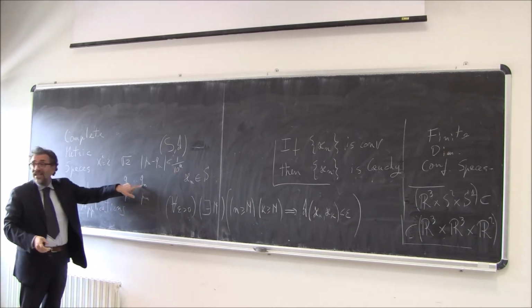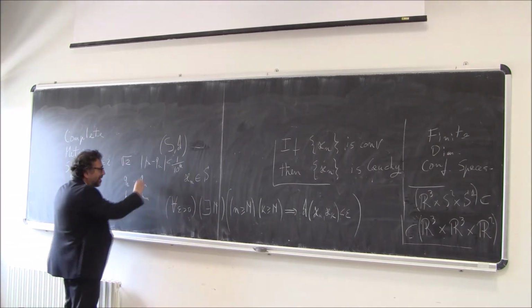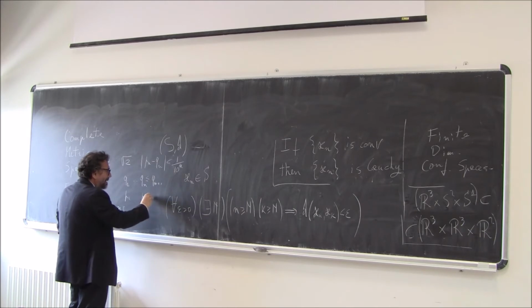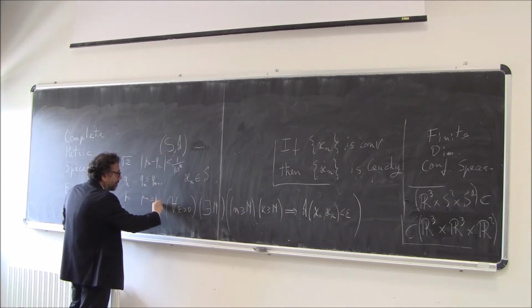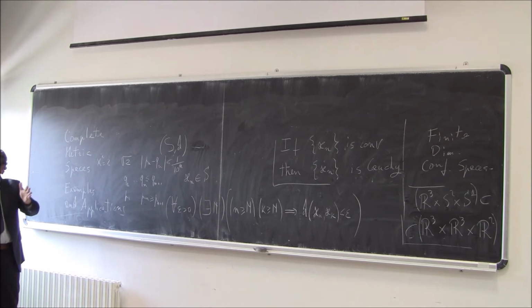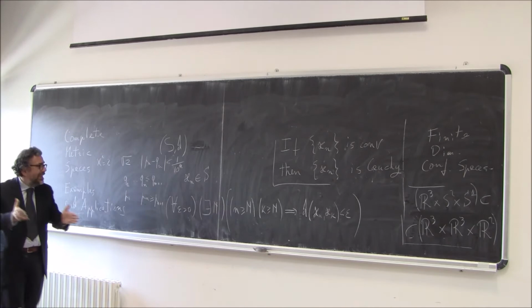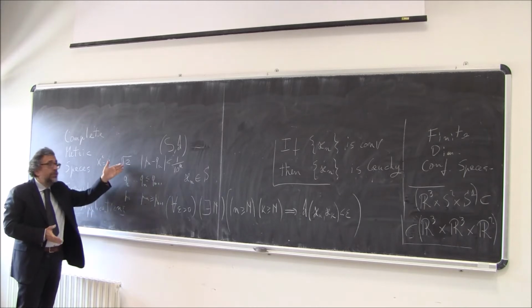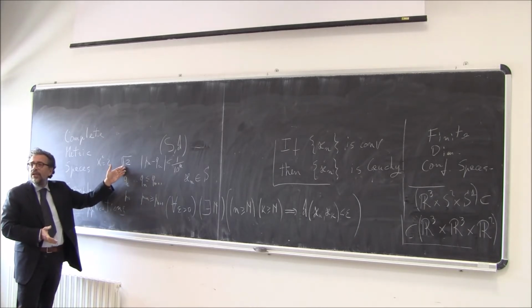Qn is increasing. Pn is decreasing. So, one is going down, the other is going up. Everything indicates that they should converge. However, we know that square root of 2 is not a rational number.